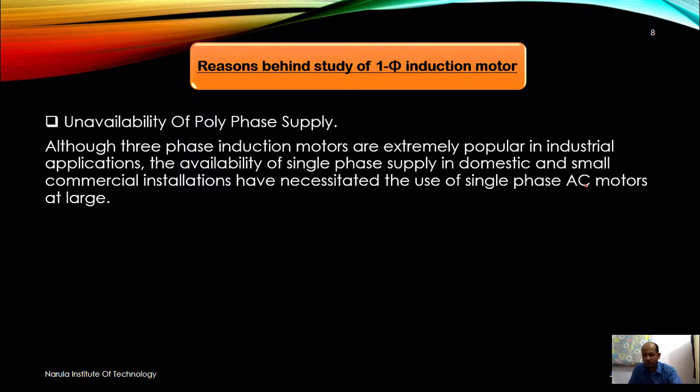As there is no slip ring or brushes, it has less maintenance requirement, so it is much more reliable. So these are a few reasons behind the popularity of single phase induction motor in low power application where accurate speed control is not a prime requirement.